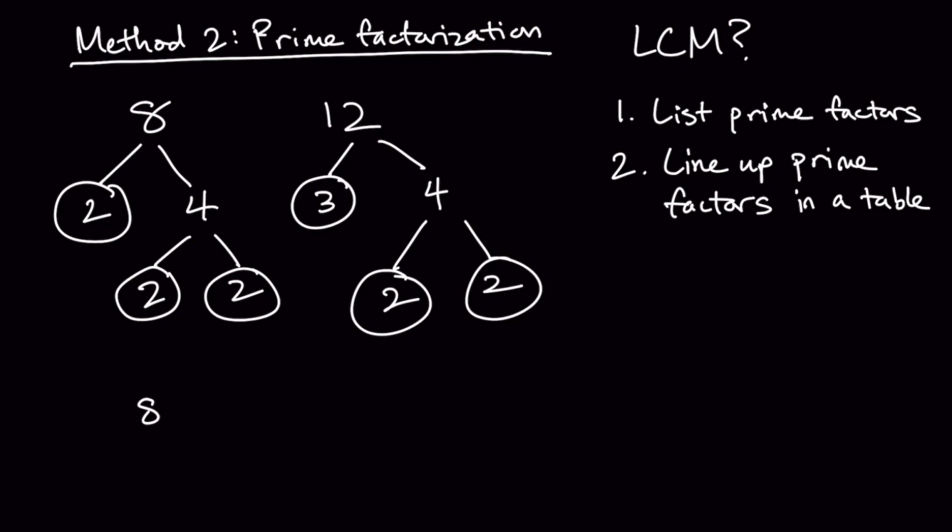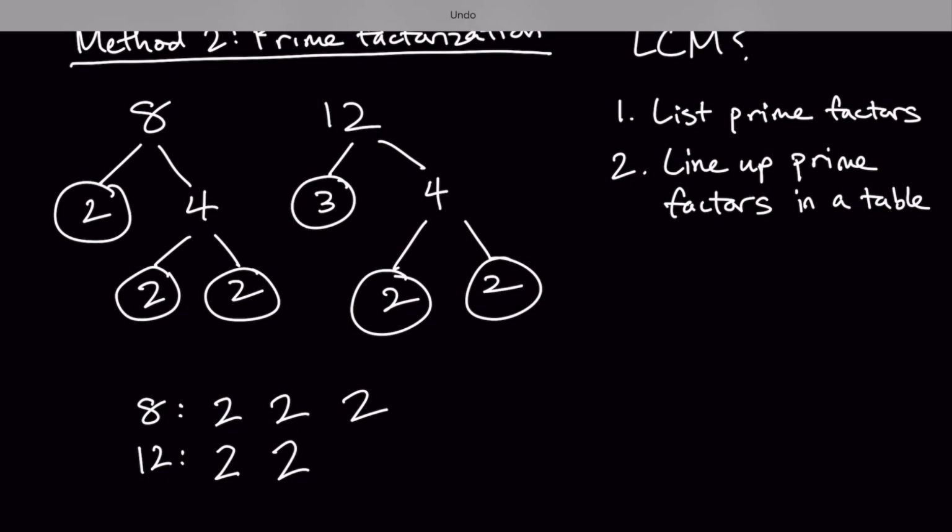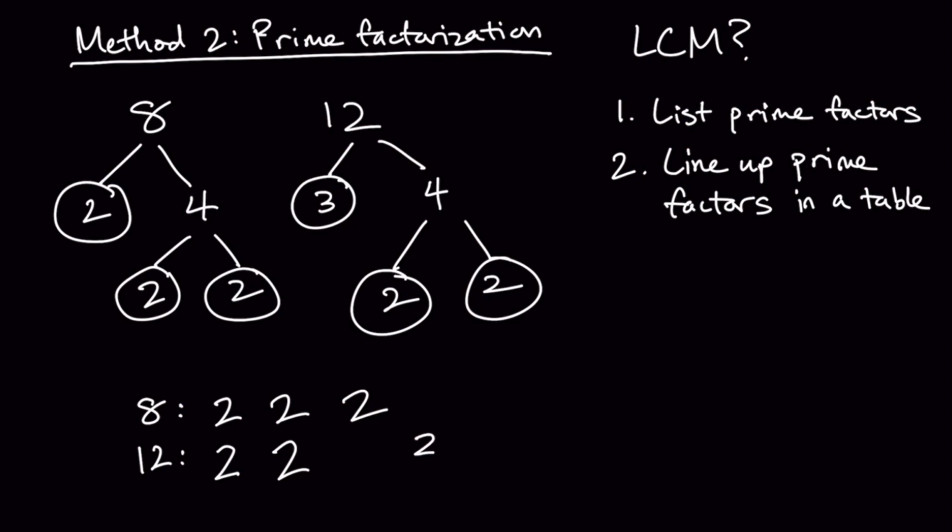So we're going to put 8 and 12, and we're going to list the factors of 8, 2, 2, and 2, and then the factors of 12. If they are the same as the factors of 8, we put them under. So 12 and 8 both have 2 2's. And then if there's a new factor, we want to give it its own vertical column.